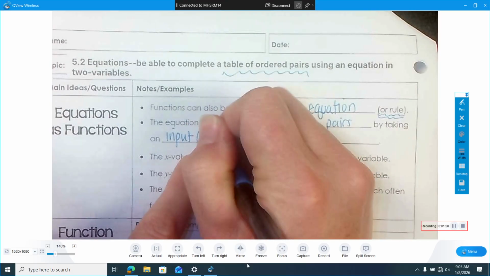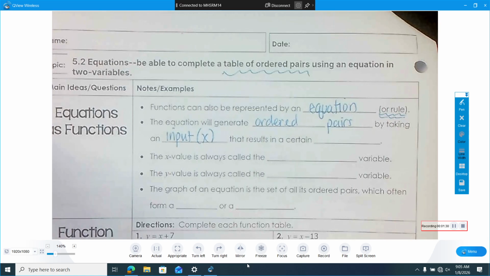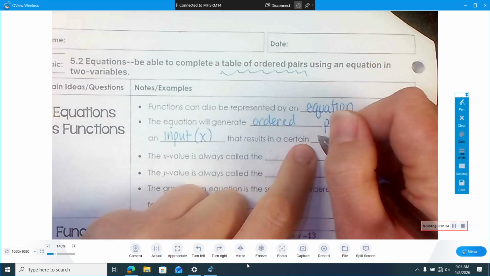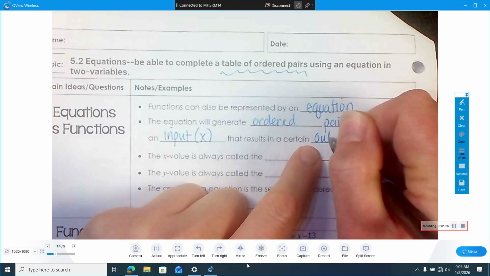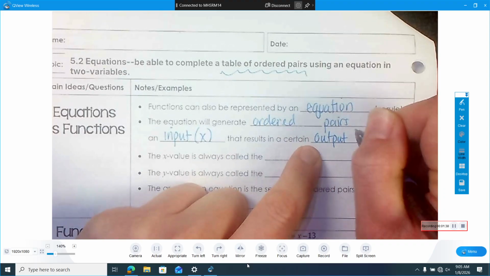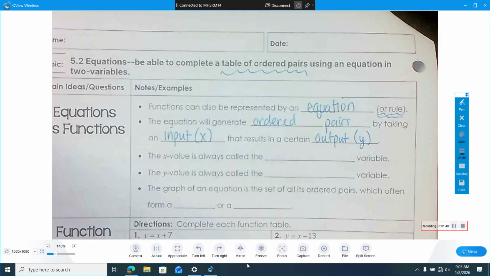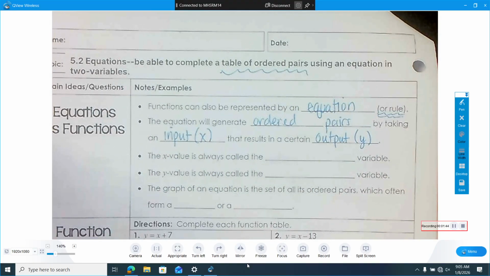That input value is an x value. We're taking an input, we're plugging it in, and it results in a certain output, which happens to be our y value. All right, so we have what we're plugging in, and we have what we're getting out.